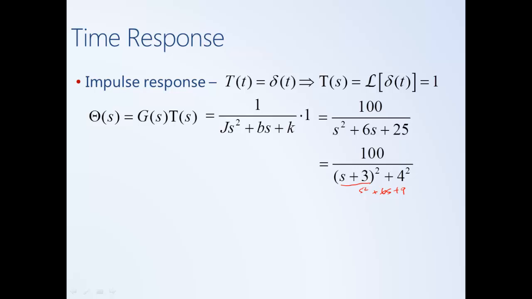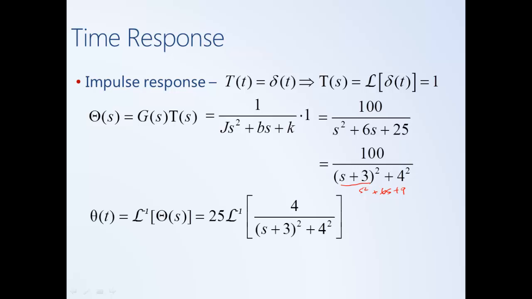So in order to get a 4 in the numerator, we need to factor out a 25. Then we can recognize this from our Laplace transform pairs table and our Laplace transform properties tables. The 25 comes out front. The shift by 3 corresponds to e to the minus 3t, and the remainder is sine of 4t, because 4 corresponds to the omega.